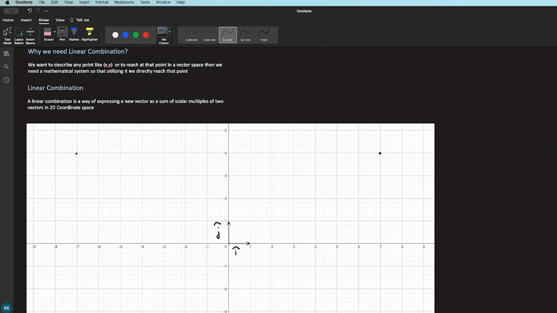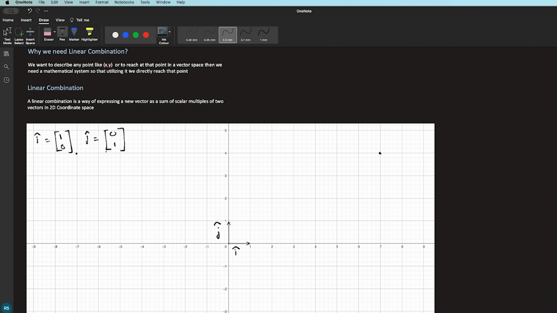Now, using these two unit vectors I want to reach any particular point in the coordinate space. These two vectors are also called the standard basis vectors of the 2D coordinate space. I can write i hat equal to (1, 0) and j hat equal to (0, 1).